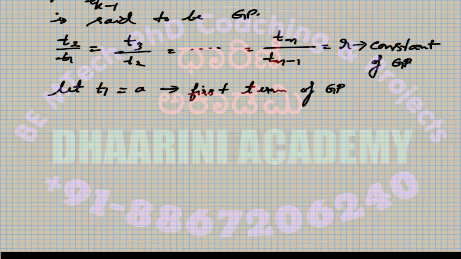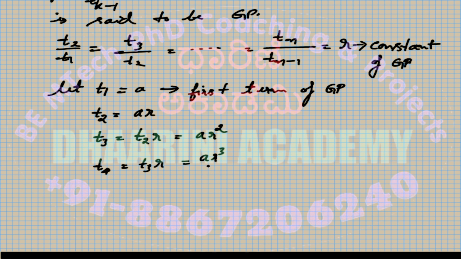If that is the case, then T2 can be written as A into R. So T3 should be T2 into the constant, that is AR into R, so AR square. So I can write T4 as T3 into R, so T3 is AR square, becomes AR cube.